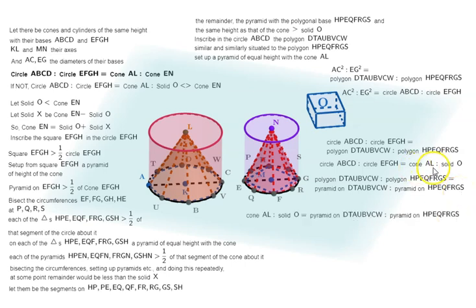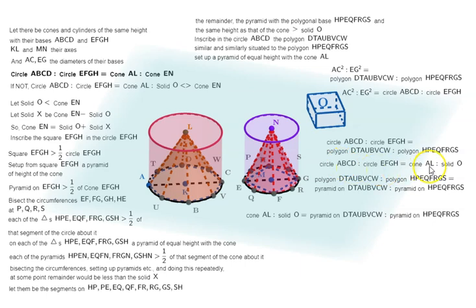So cone AL is to solid O as the ratio of the circles, and circle ABCD is to circle EFGH again as these polygons. And on those polygons we have constructed the pyramids.